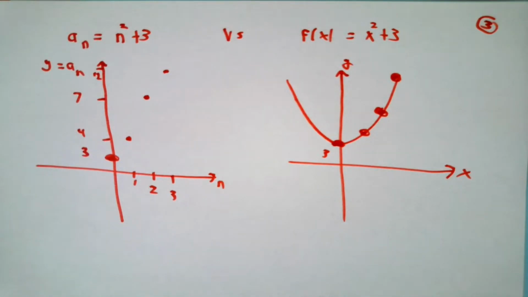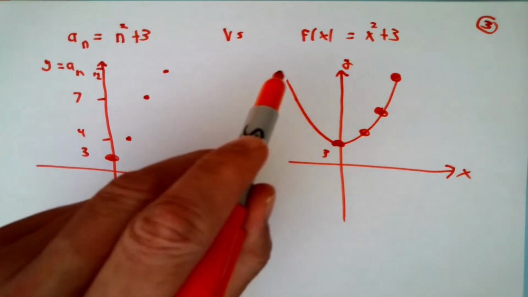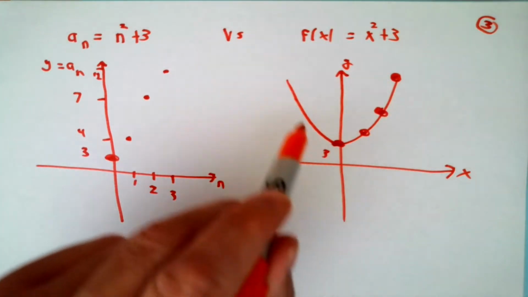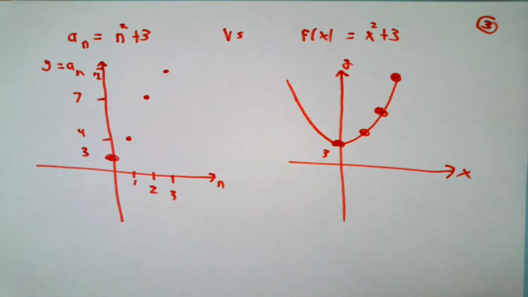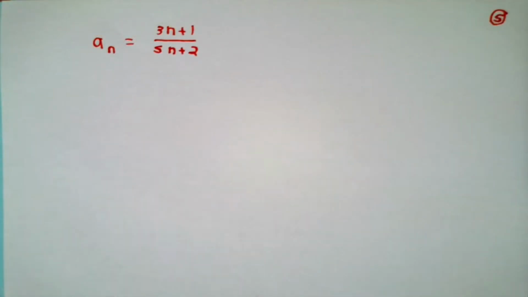If n were 1, I'd have 1 squared plus 3, so I'd have a y-coordinate of 4, and so on. The difference between this and the graph of an ordinary function, f of x equals x squared plus 3, is I can put any x number in for x in this function, not just whole numbers, as is the case for the sequence for inputs.